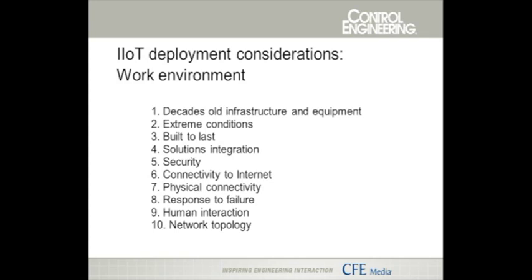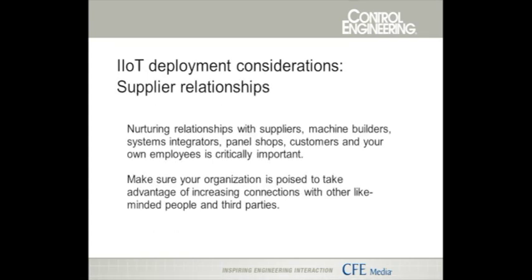Security, as has been mentioned, is a huge concern. How do you keep your proprietary data secure? Reliable connectivity. Your response to failure, you need a response plan. What will the human-machine interface look like? And where will the various components of your network be placed, including wired, wireless, cable installations, receivers, etc.?